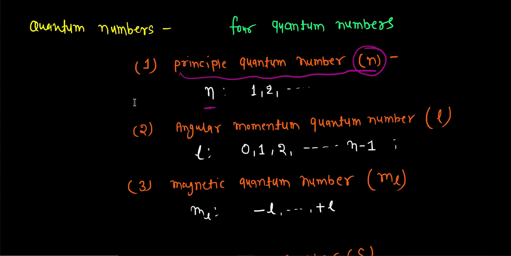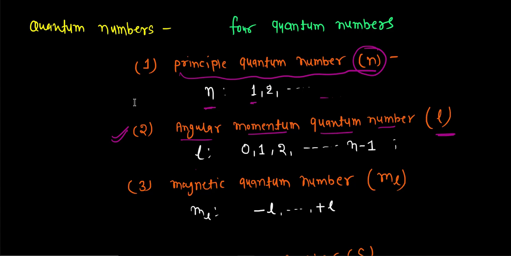The value of n can be any positive integer starting from 1 to any positive value. There is a second quantum number which we call the angular momentum quantum number, which we denote by L.